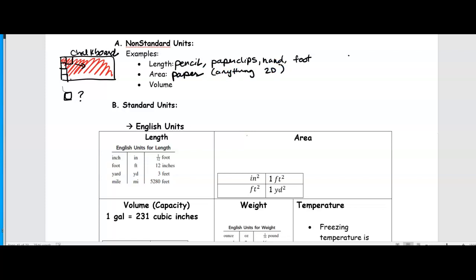With volume, we're looking for things that are three-dimensional, that would fill up space. Maybe it's a recycle bin, or if you're working with younger kids, maybe there's a sensory table in the room. Oftentimes we see these in pre-K classrooms, where we've got this table and maybe it's filled with rice or water. We might ask the kids, we've got these buckets of water.